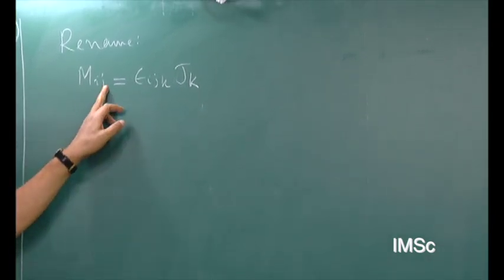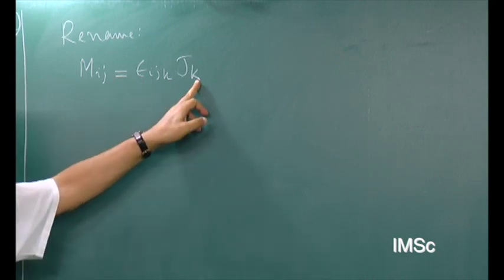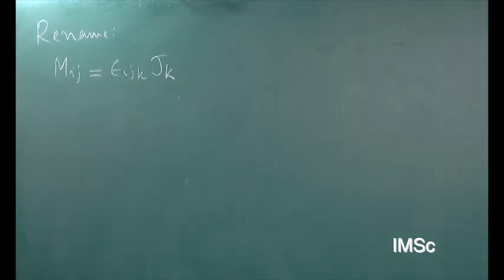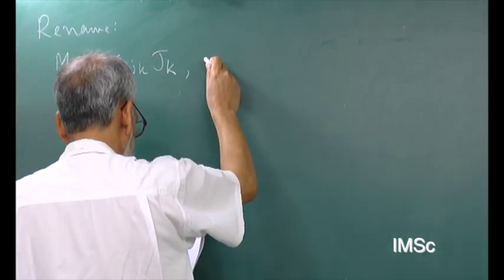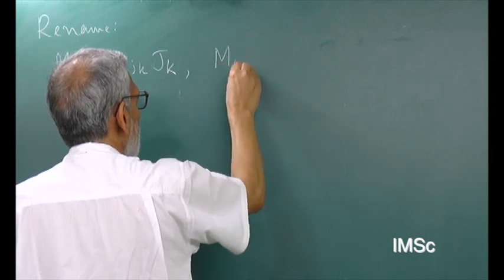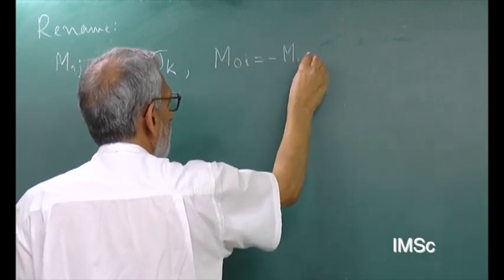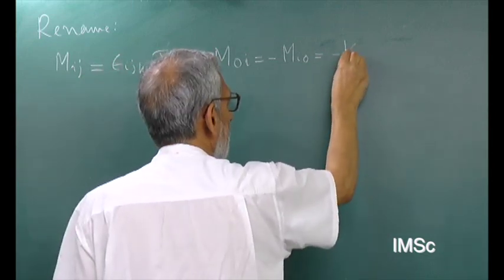So M12 is J3, M23 is J1, M31 is J2. That's just renaming. And M0i, which is the same as minus Mi0, call that minus Ki.